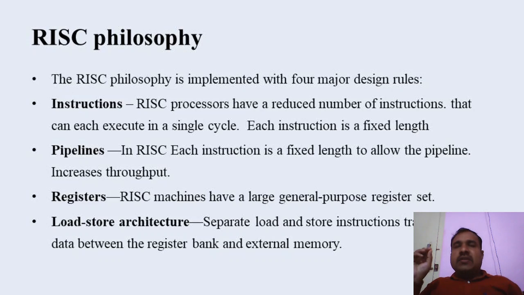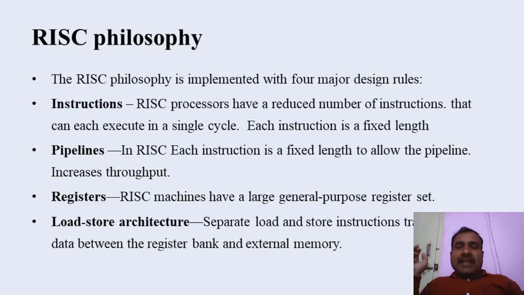RISC has a reduced number of instructions, and each instruction can execute in a single cycle, and each instruction is of fixed length. So this improves performance, and it also makes coding much easier.